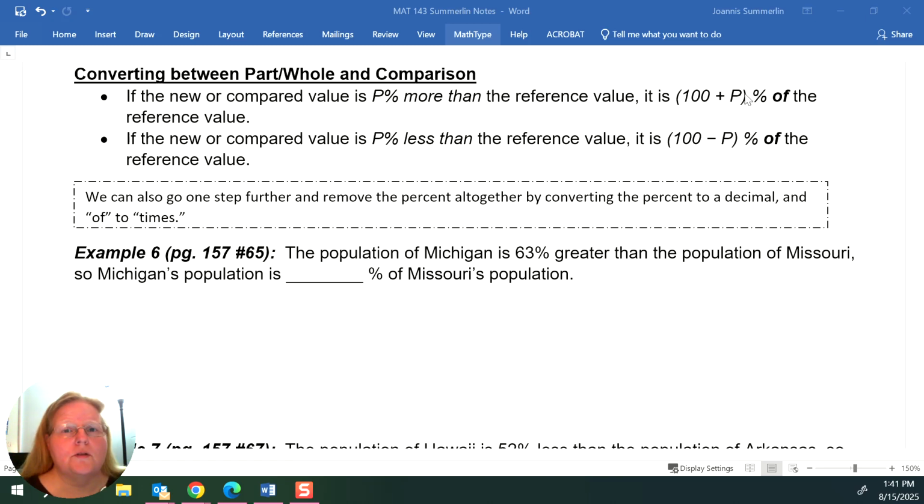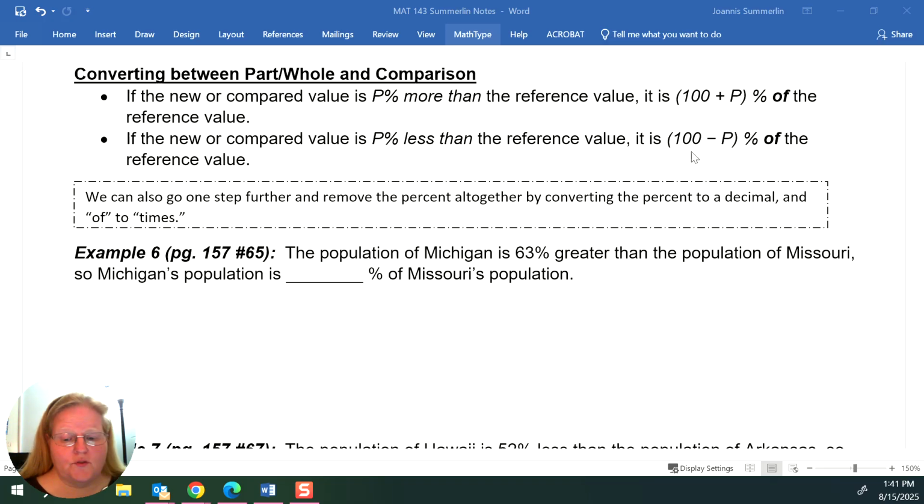That's what you used to do in elementary school. But now we're going to take 110%, if 10% was the tax, of the entire cost of the meal and just do one calculation.